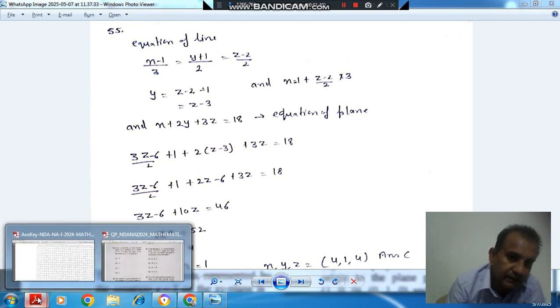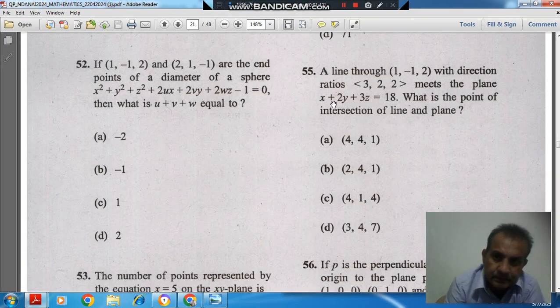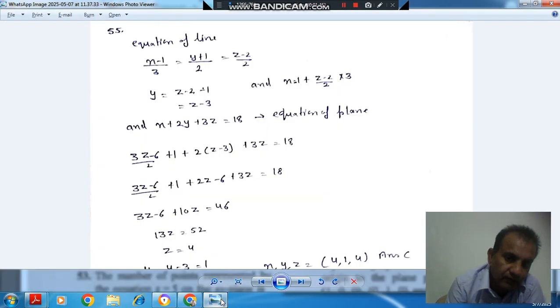Now the equation of plane is given as x + 2y + 3z = 18, and we have to find out the point of intersection. So we will put y as z minus 2 and x as this value in terms of z, because we have to find the point of intersection.